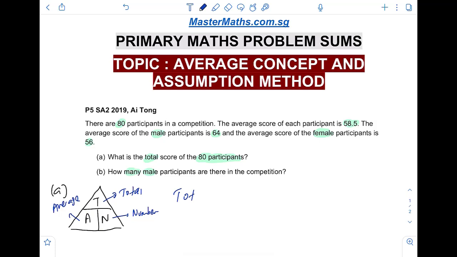In this case it will be 80, so the total is 58.5 multiplied by 80, and that is 4680. That's the total score of the participants.